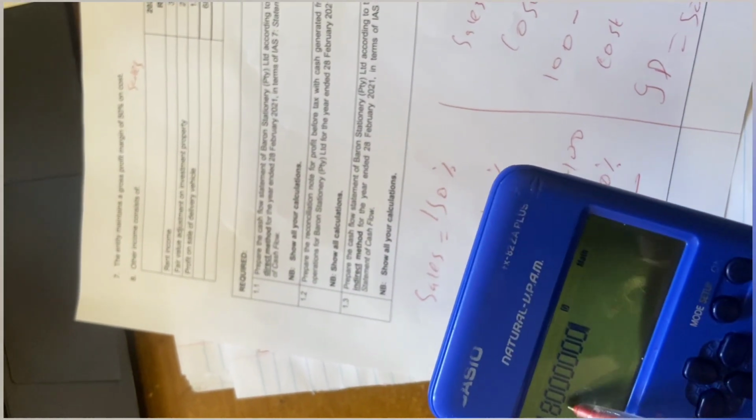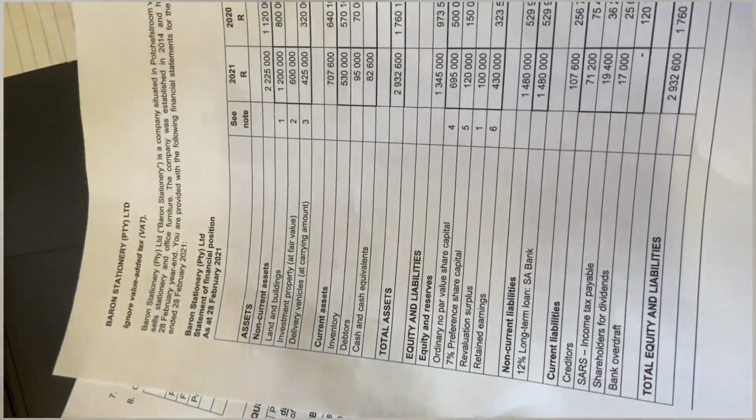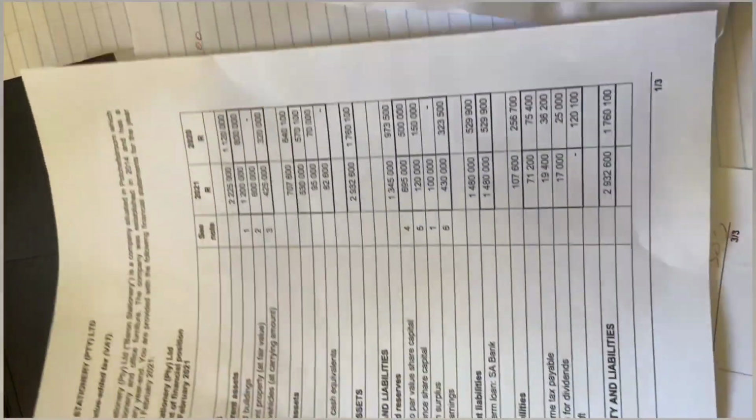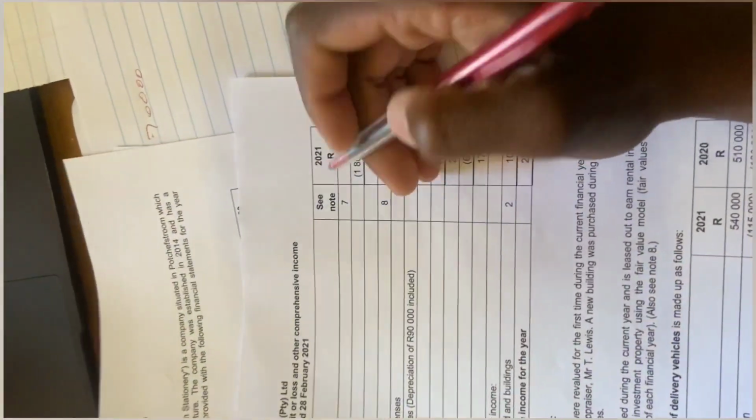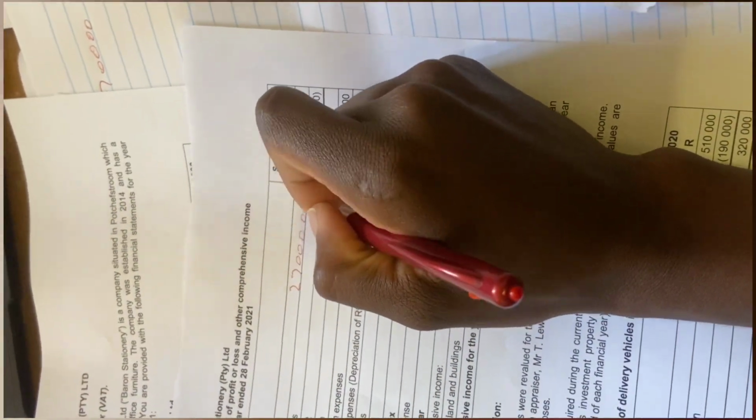So if we take a calculator, 1.8 million times 150, we divide it by 100, we're gonna get the sales amount of 2.7 million. The revenue here is gonna be 2.7 million.